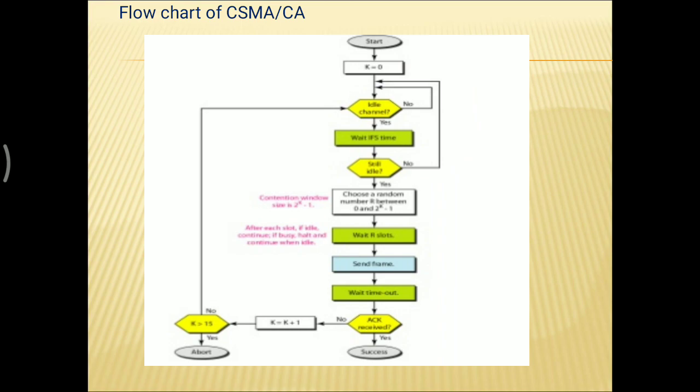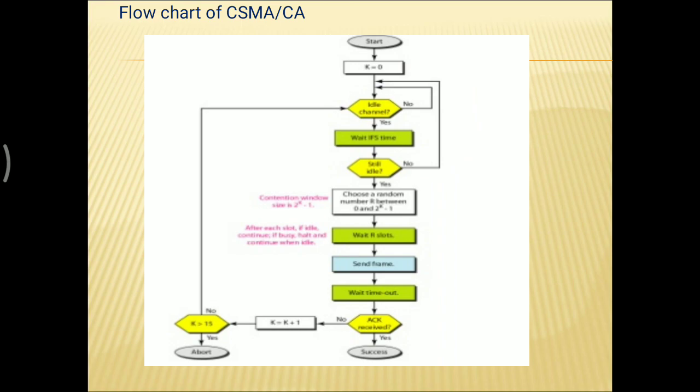After the second sensing also, if the channel is idle, then we go for R time intervals. That means for sending a frame or a message from one station, we have to wait. We give time slots up to 2 times: the first based upon IFG or IFS, and the second based upon the contention window.